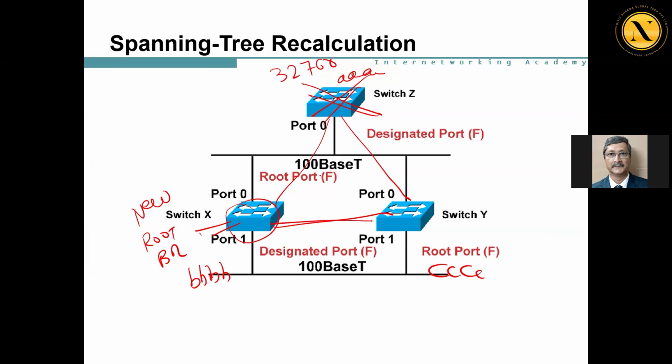And because this is gone, these ports are not going to remain up and up, they'll be up and down, whatever, down and down. And now this guy's root port, earlier it was this one, now this will become the root port, new root port, right? Again DP.